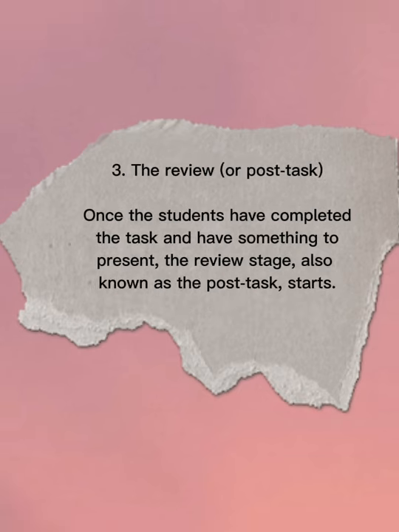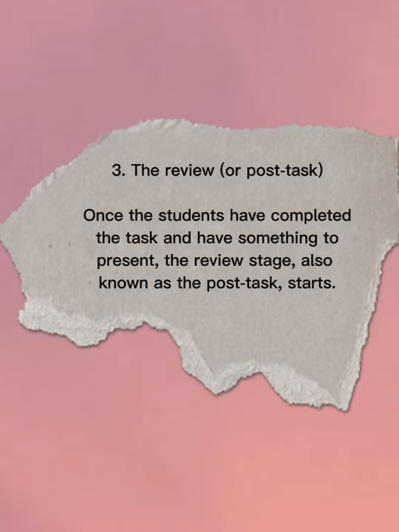And then the last one is the review or post-task stage. Once students have completed the task and have something to present, the review stage, also known as the post-task, starts. It's a good idea to let students evaluate each other's work and only offer a teacher review of frequently made errors during the task.